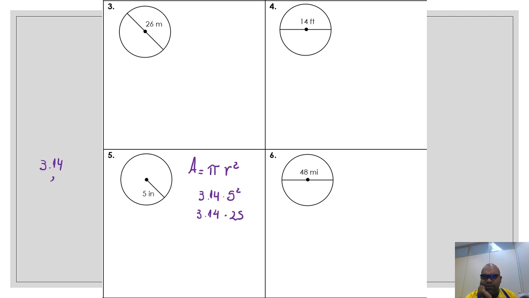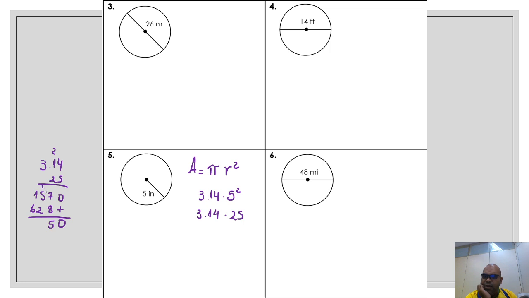3.14 times 25. It is 5 times 4, 20, carry 2. 5 times 1, 5, plus 2, 7. 5 times 3, 15. Great. Plus 2 times 4, 8. 2 times 1, 2. 2 times 3, 6. And here it is 0. 7 plus 8, it is 15.